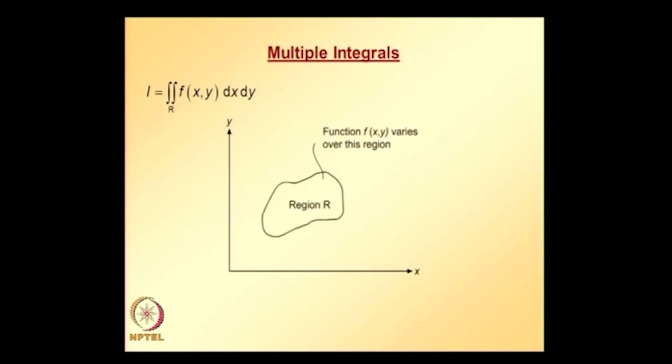So we require to evaluate this function over this region, and this function varies over this region. That is why f(x,y) is inside the integral. If f(x,y) is constant, then we can pull it out of the integral, then the integral dx dy over the region R is going to be the area of that region R.